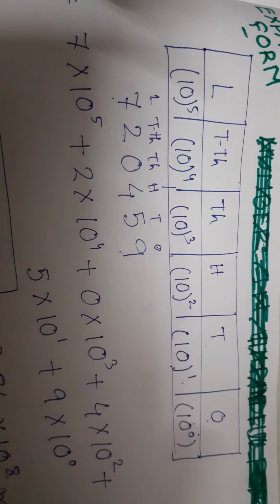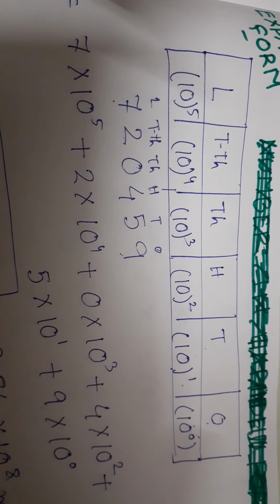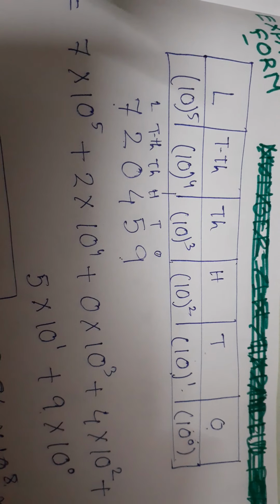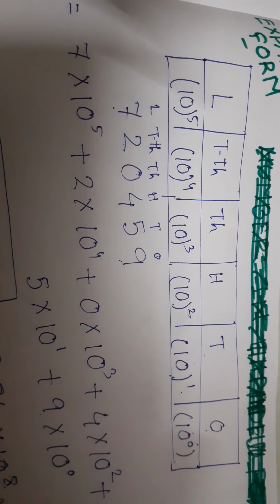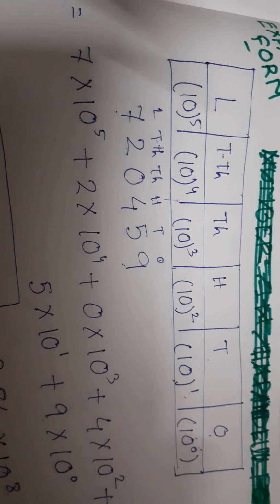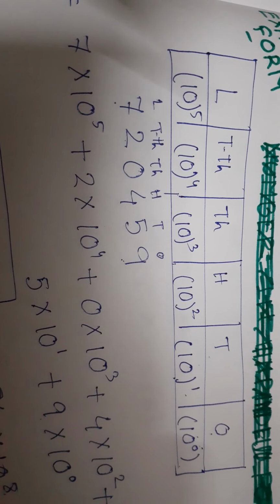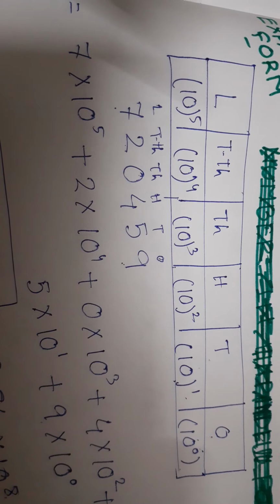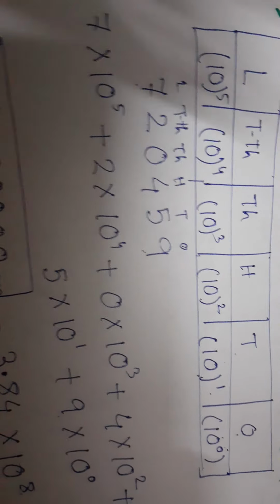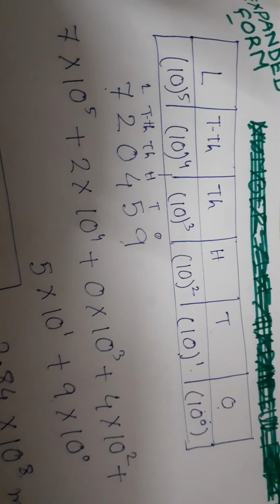Now students, here I am showing you how to write a number in expanded form. We all know how to write a number in expanded form. Here I gave one number, that is 720459. So we can write in this manner. First we have to look at the place value chart.